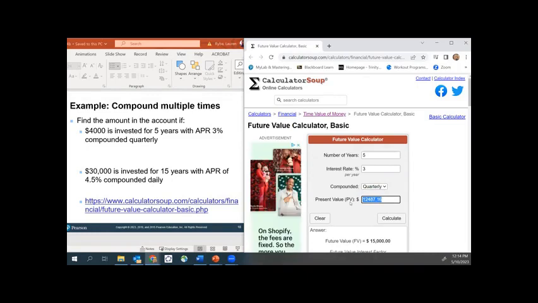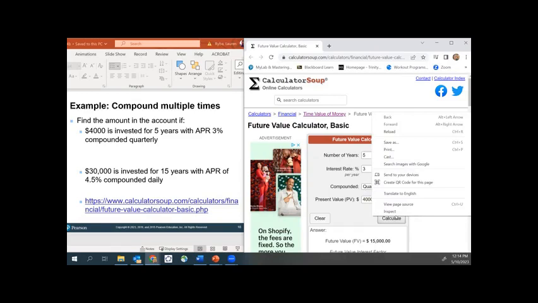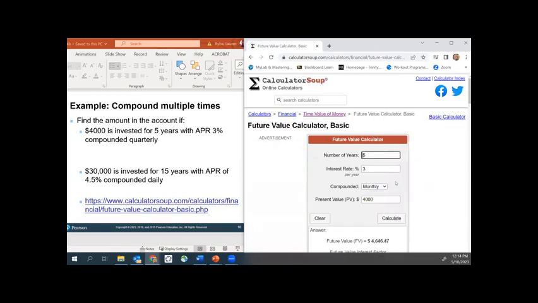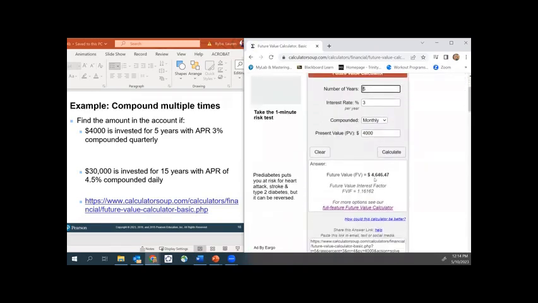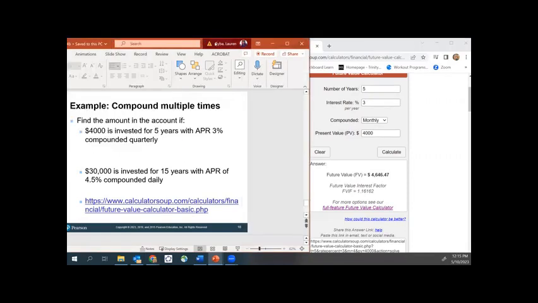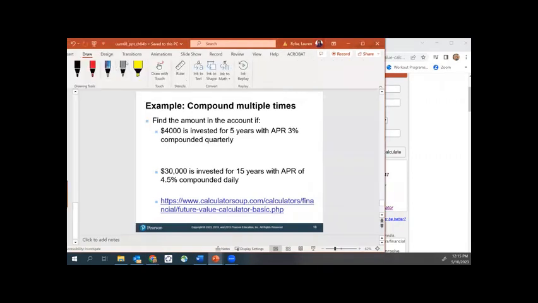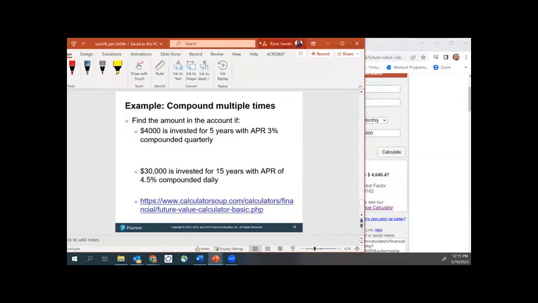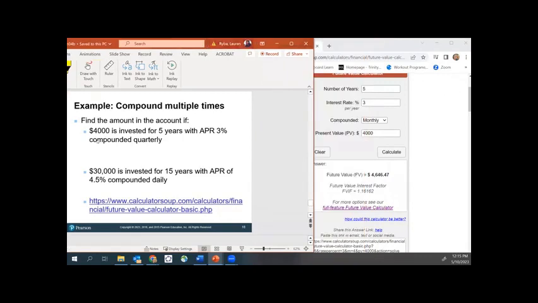And your initial investment is $4,000. And then you're going to click calculate. And you'll see right here, this is the future value of the account, $4,646.47. I'm going to write that answer in here for us. $4,646.47.